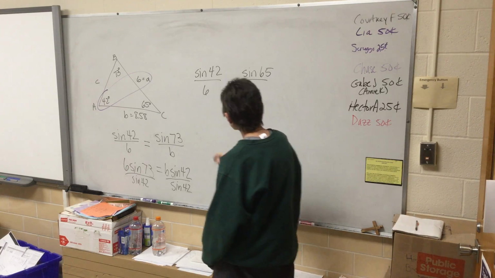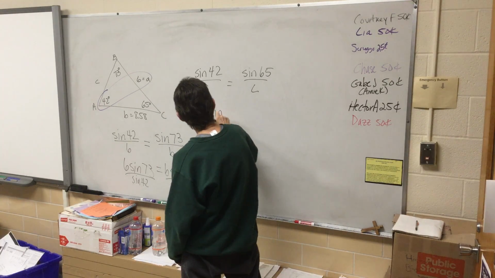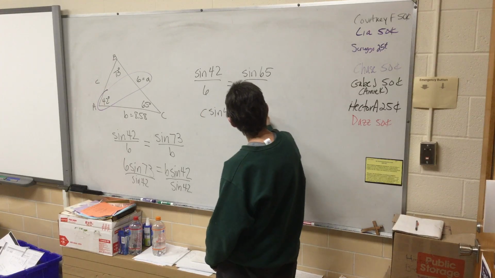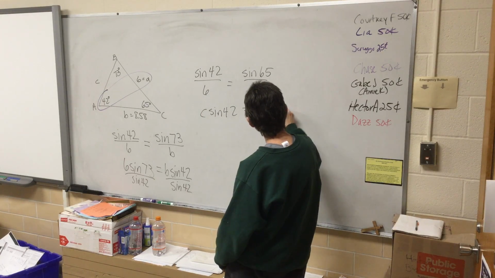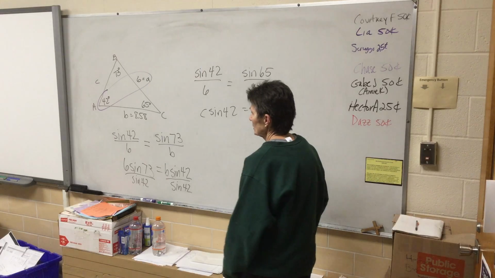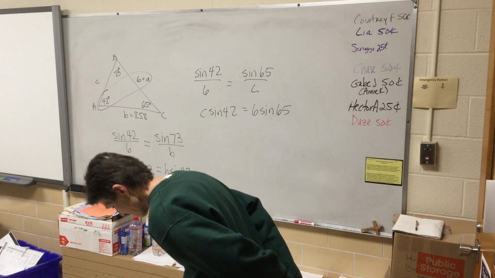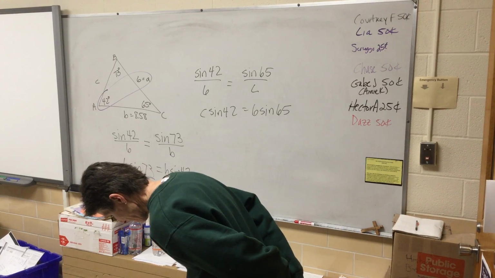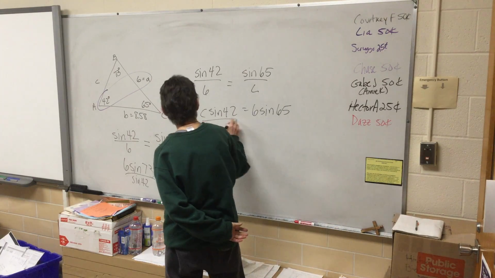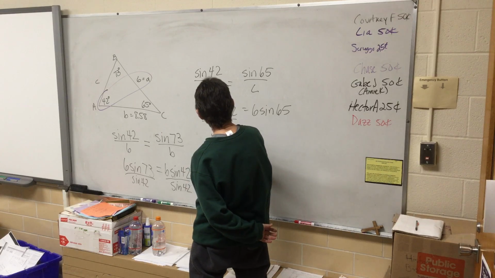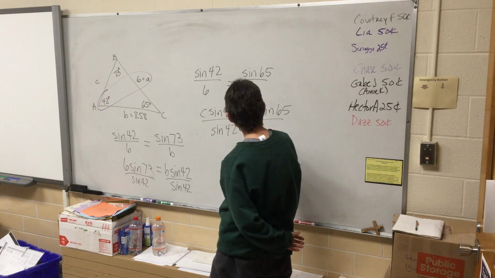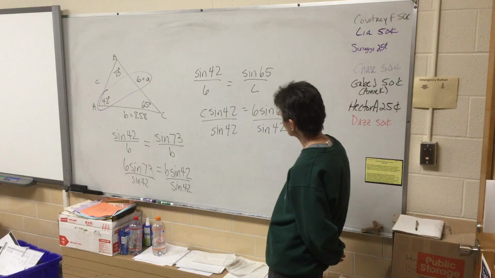So we'll cross multiply again. C sine 42 equals 6 sine 65. And then what do I need to divide by? Sine 42. That's what I'm dividing by.